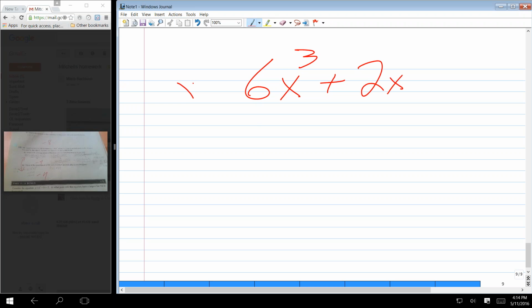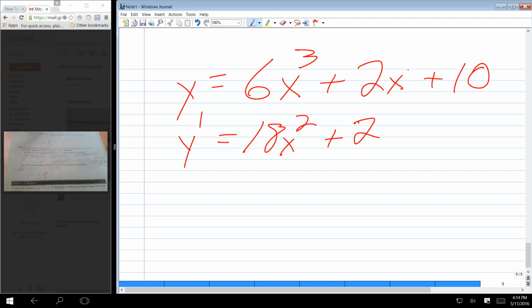If I have a polynomial like this, now I apply the power rule to each part of it. So y prime, well, let's even add a constant. Okay, so y prime is going to be what by the power rule? 18x squared. Plus what? 2x. Just 2. Notice that when I subtract 1 from that exponent, I get x to the 0th, right?